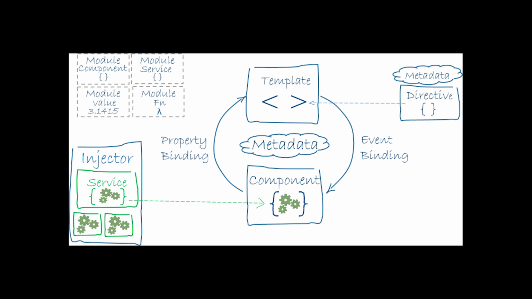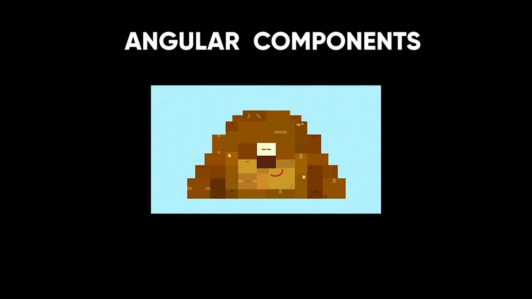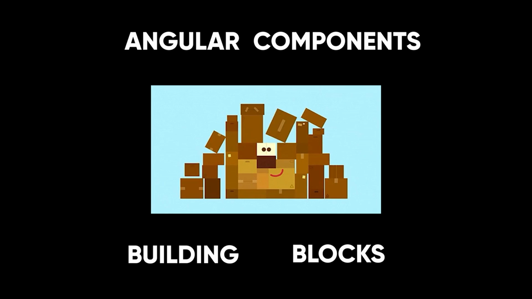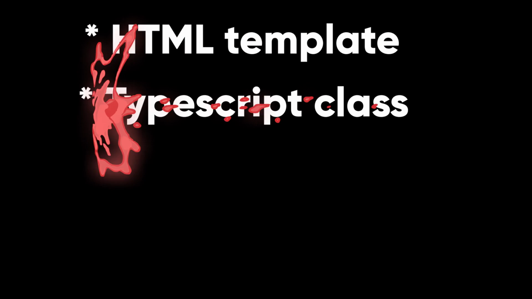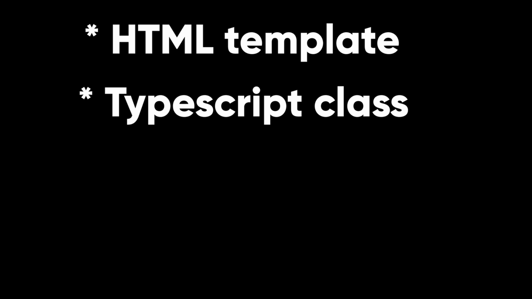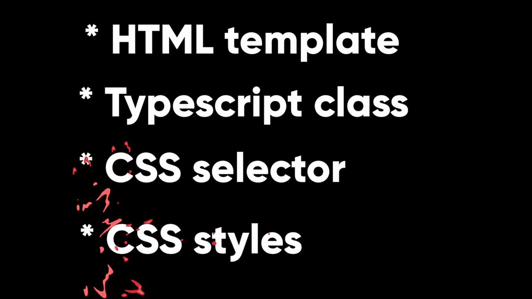Now, let's talk more about components in detail. Components are the main building block of an Angular application. Each component consists of an HTML template that declares what renders on the page, a TypeScript class that defines behavior, a CSS selector that defines how the component is used in a template, and optionally, CSS styles applied to the component.